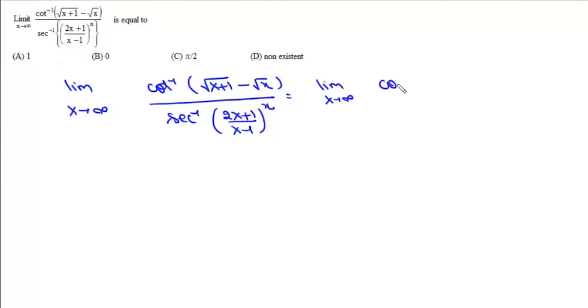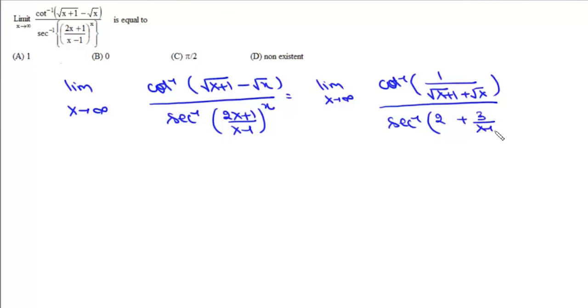When we rationalize this, we can write this as cot inverse of 1 upon under root x plus 1 plus under root x, and this one is secant inverse of 2 plus 3 upon x minus 1 to the power x.